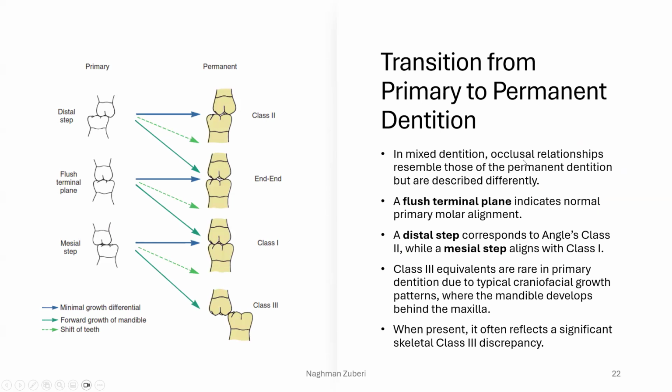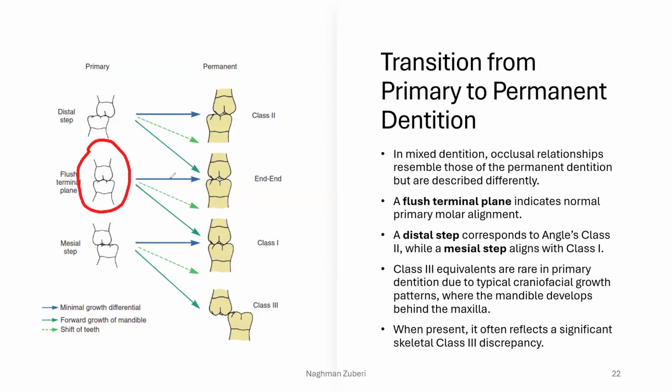In mixed dentition, occlusal relationships resemble those of the permanent dentition, but the description is different. A flush terminal plane indicates normal primary molar alignment. And what is that? It is an end-to-end relationship of the first permanent molar. We consider it as normal.